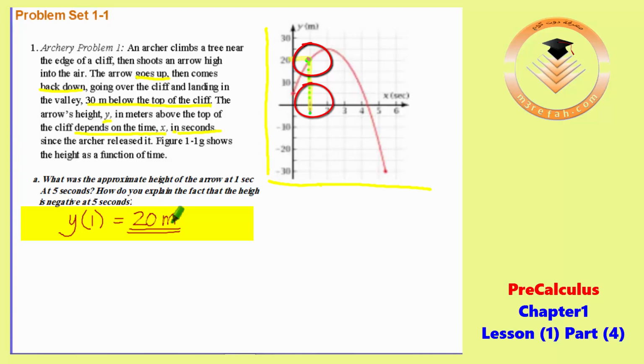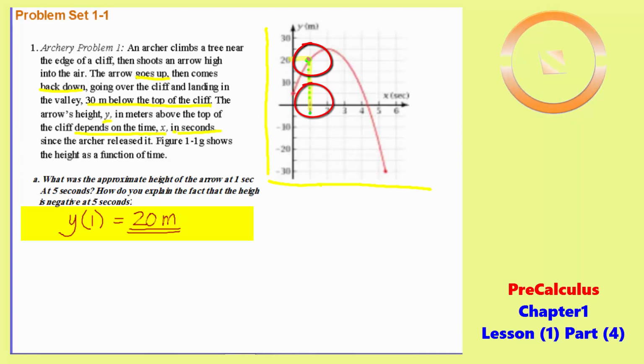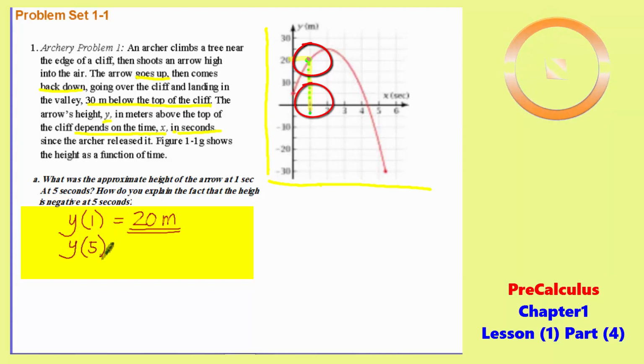Now how about at 5 seconds? So at 5 seconds, that's y of 5. Now the parentheses here do not mean multiplication. They just serve to show that y is a function of the certain variable here.